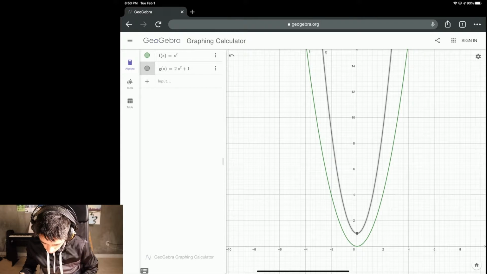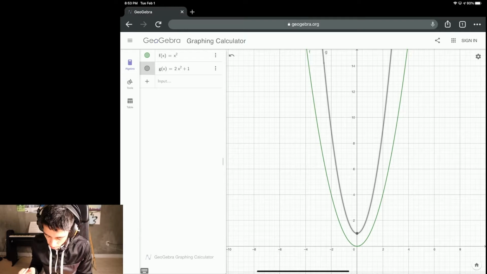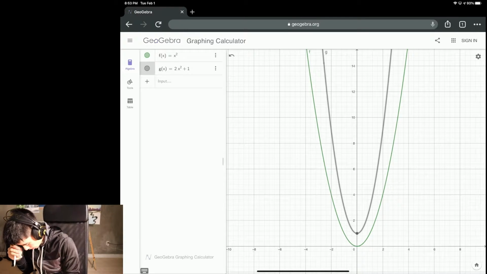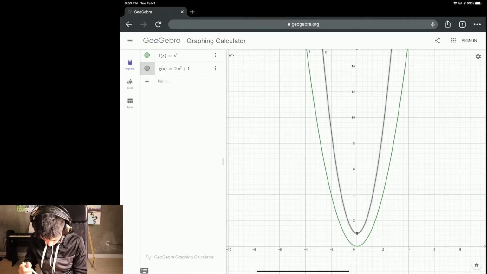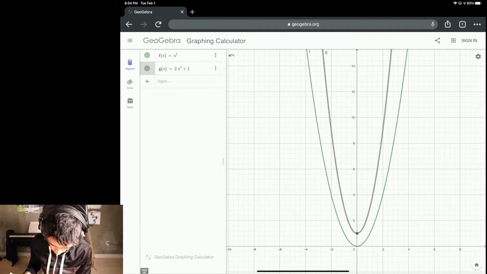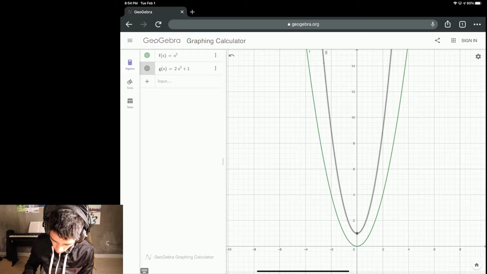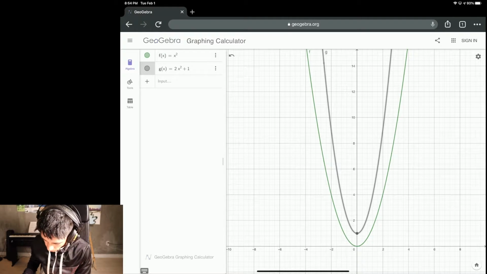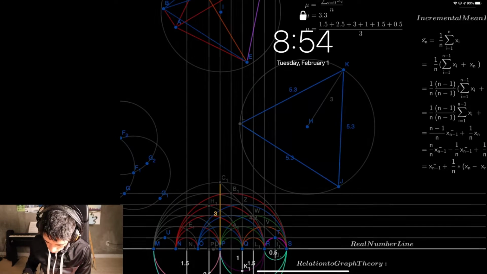It's interesting that analytically it makes sense that the parabola no longer intersects with the x-axis because of the plus 1. It can never be less than 1 since the squares are always positive numbers. But, oh, my bad.